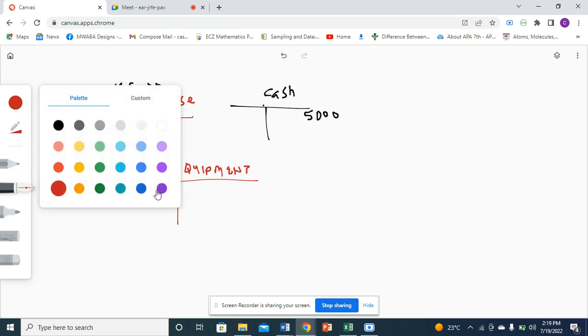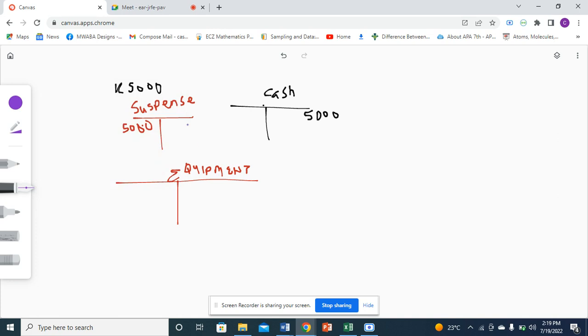Then you close the suspense account by crediting it. You credit the suspense account 5,000 and you debit the equipment account 5,000. So that's the first illustration of the use of the suspense account, if you do not know where to put your journal entry. Any questions?